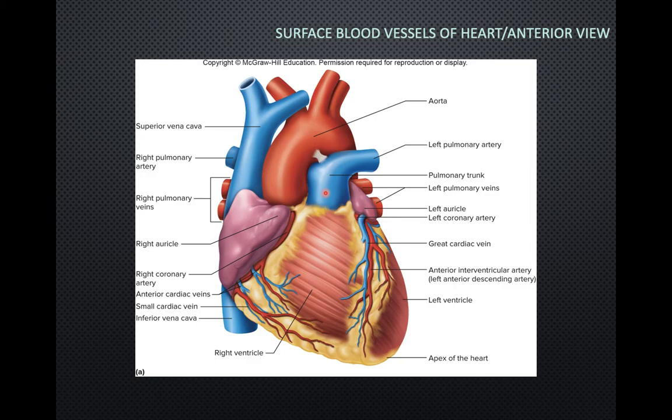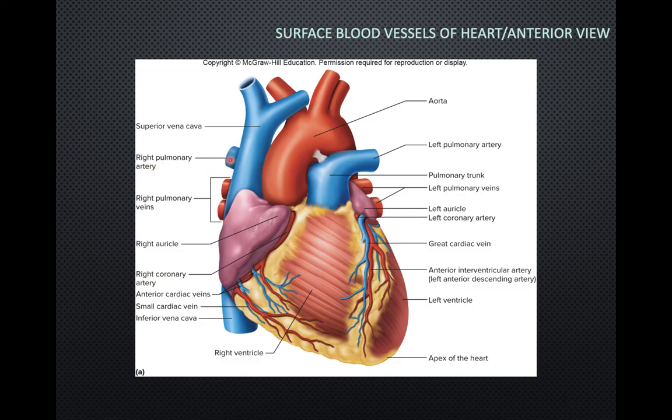So here we are looking at the surface blood vessels, but I'm just going to take this opportunity to review some of the anatomy of the heart again. Your right ventricle, left ventricle, the apex of the heart, the base of the heart right here, superior vena cava, inferior vena cava, right auricle, left auricle. Your right atrium is going to be in here, and your left atrium is going to be somewhere over there.